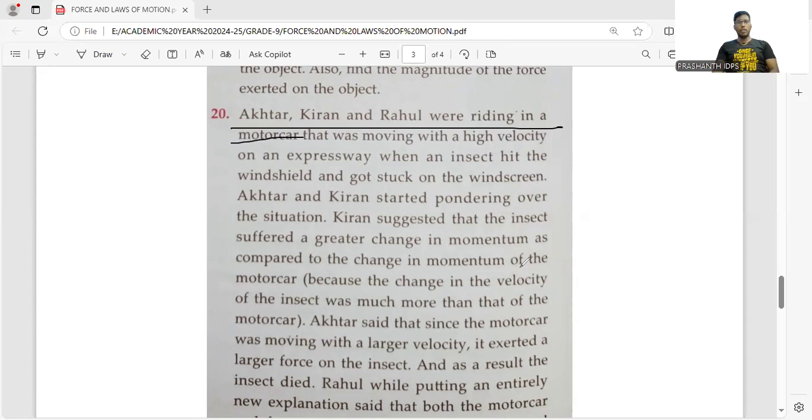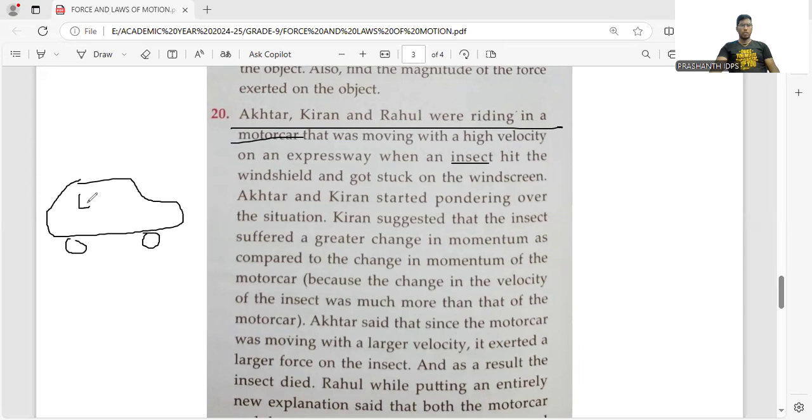When an insect hit the windshield and got stuck on the windscreen. While they were riding the motor car, a small insect hit the windshield. Windshield, you know, is the front part of the car.